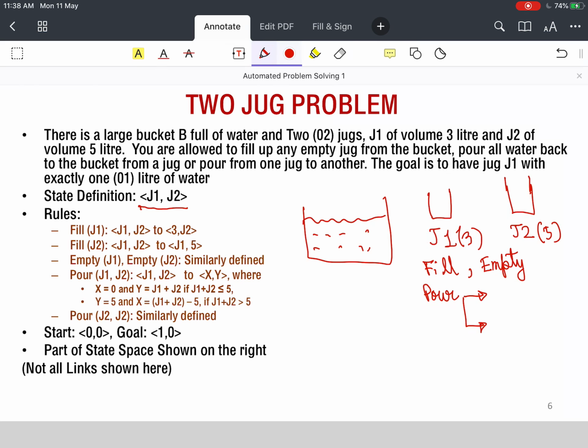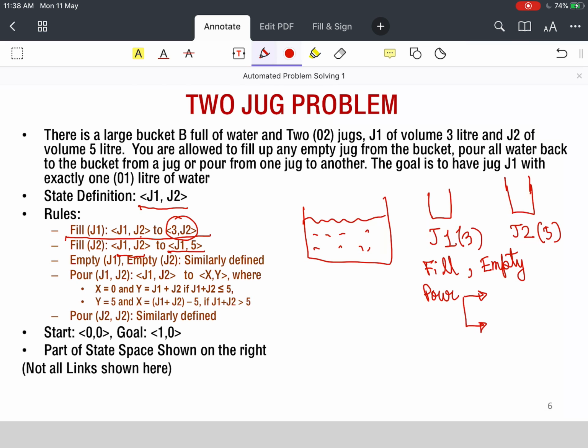And then we have our state transformation rules. For example, if I want to fill J1, then from J1, J2, it will become 3, J2 because J1 can be filled by 3. If I fill J2, then whatever is J1, J2, it will become J1, 5. Similarly, empty J1 will be, if the configuration is J1, J2, it will become 0, J2. Now, pour J1, J2.